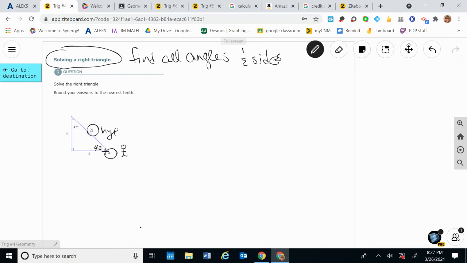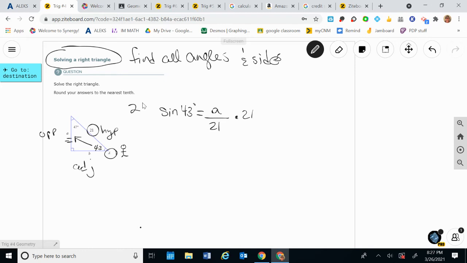Okay, now think about this. You can't do tangent because you don't have opposite or adjacent. So you got to pick one of the other ones. I think what I'm going to do is sine first. So I'm going to use sine to find A. Sine of 43 degrees is equal to A over hypotenuse, opposite over hypotenuse, 21.